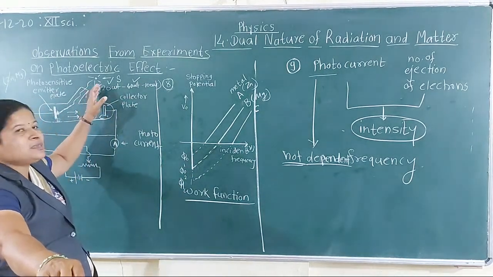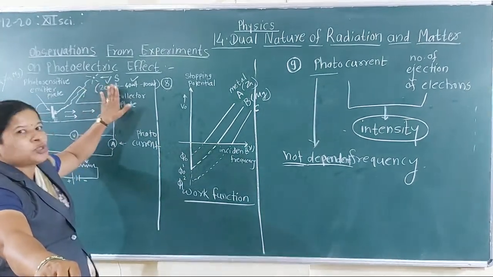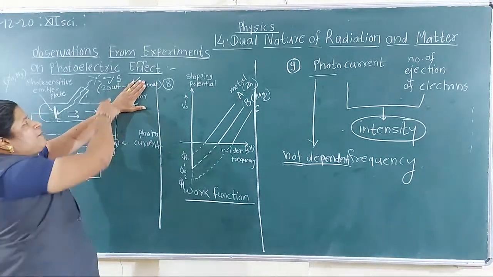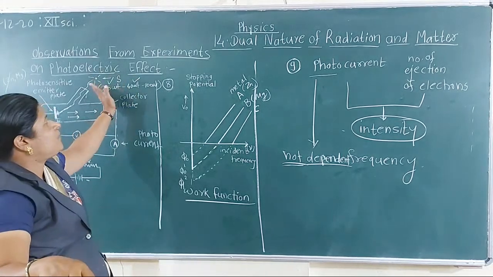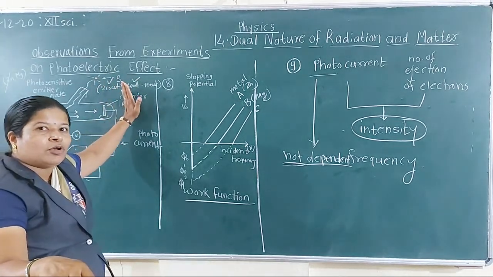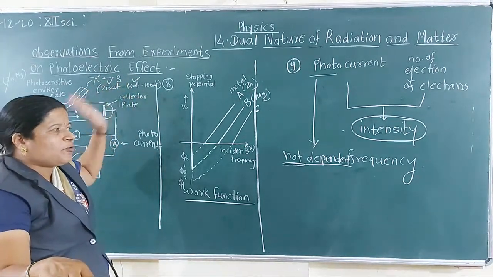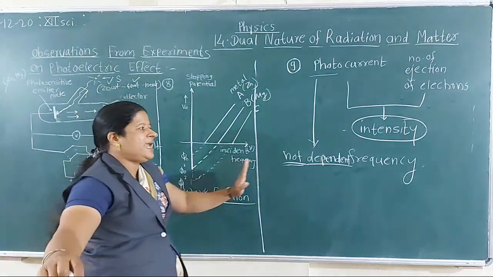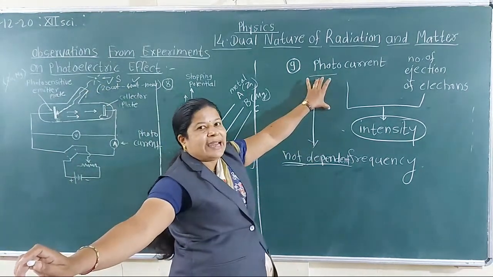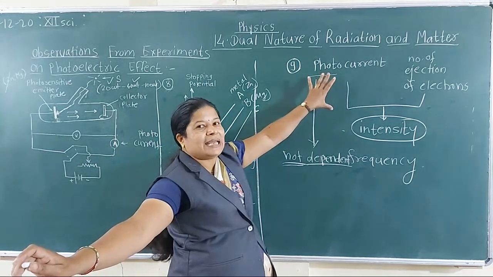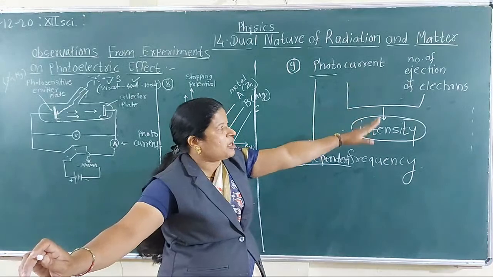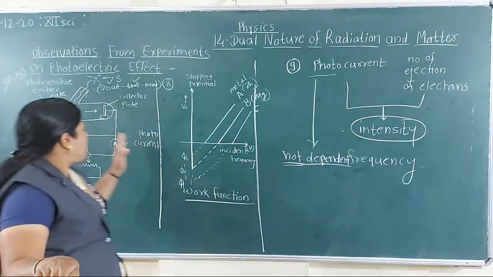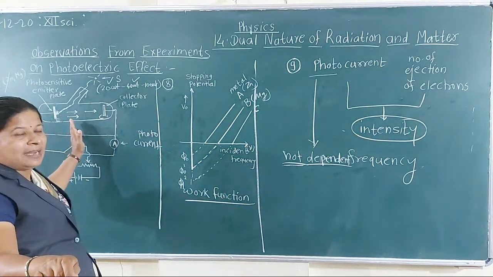That means we use different color light sources having the same intensity. That means we change the frequency of the monochromatic source, and if we change the frequency, we could not get the maximum photoelectric current because there is less ejection of electrons from this emitter plate.